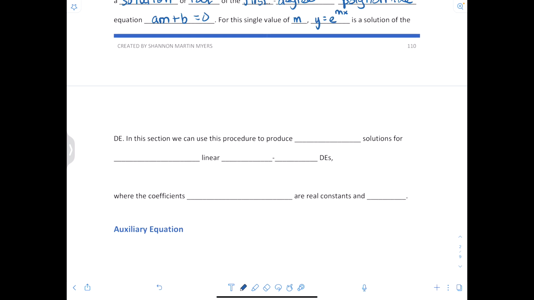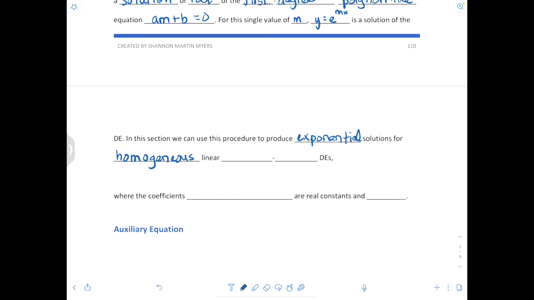In this section, we can use this procedure to produce exponential solutions for homogeneous linear higher order DEs. So that's where it'll change course from what we learned before.